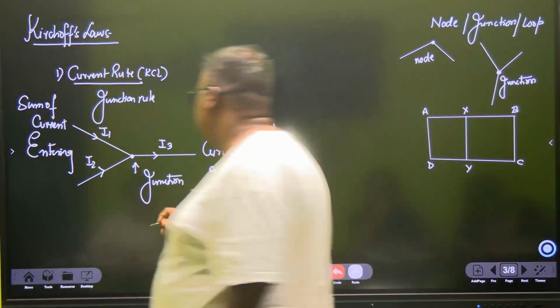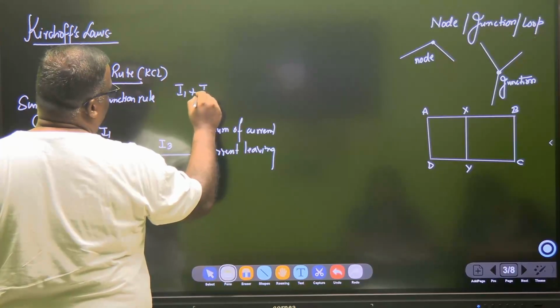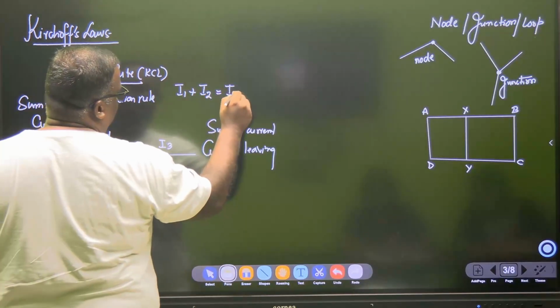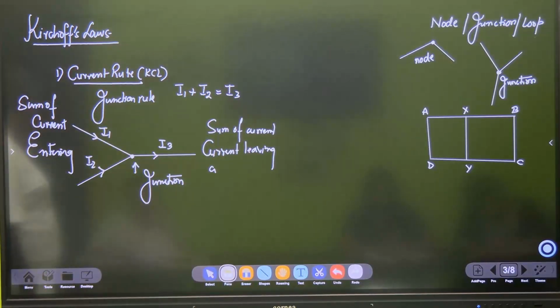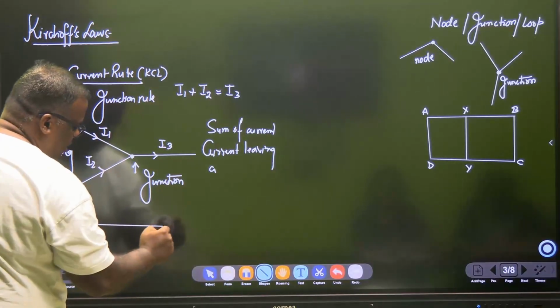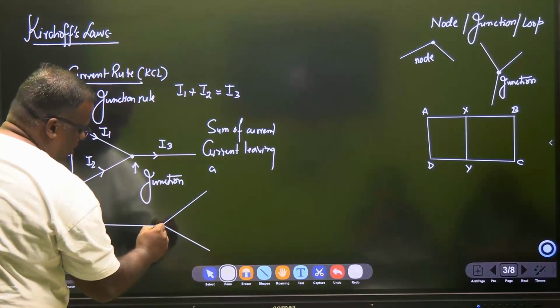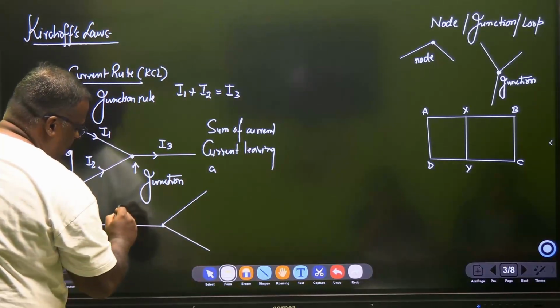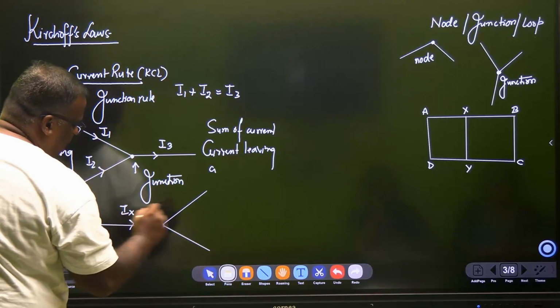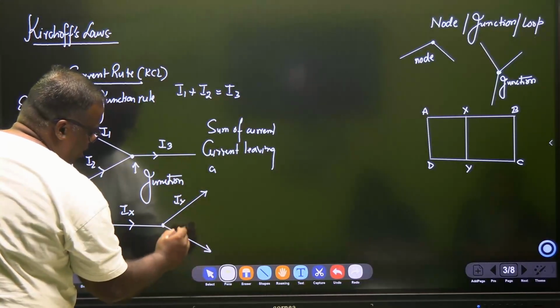So from this, we can write I1 plus I2 gives me I3. Is this understood? Similarly, bacha, it could have also been like this. Then in this case, I would say an Ix which is coming in is splitting into an Iy and an Iz.